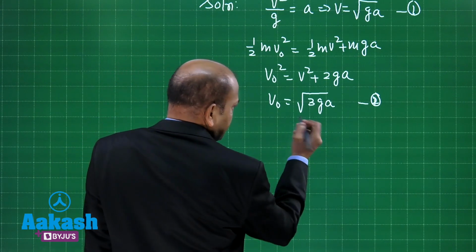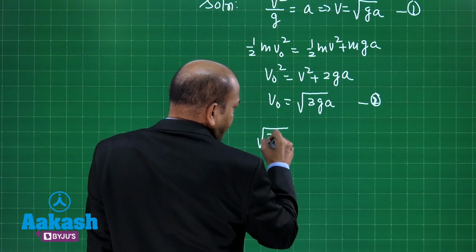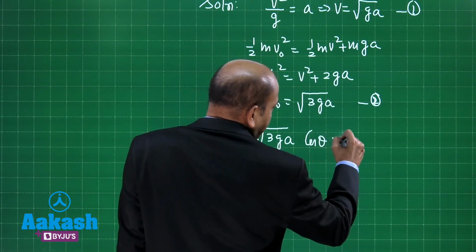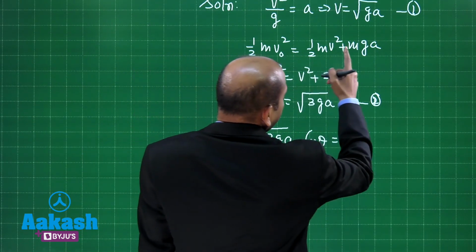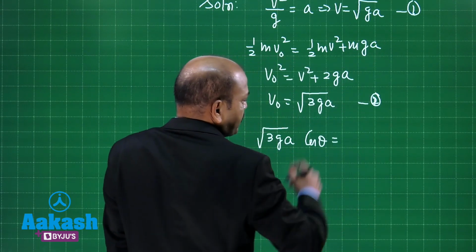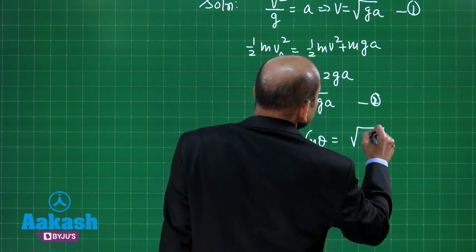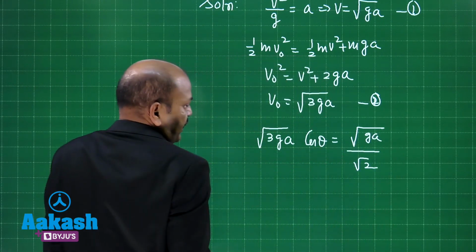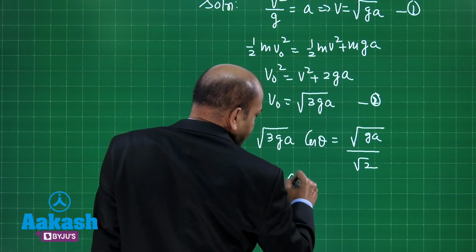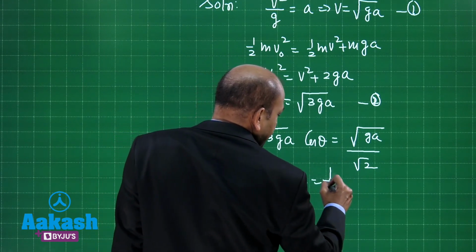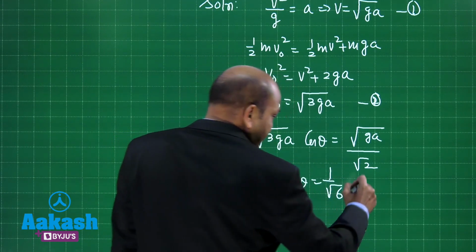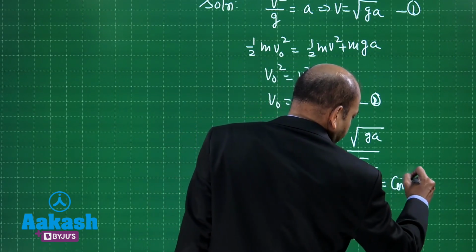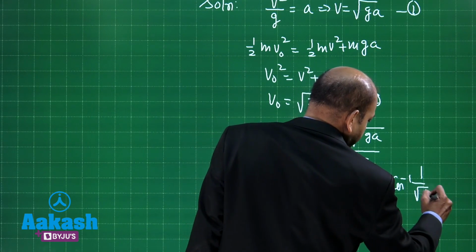So that gives us root 3ga into cos theta is equal to v into cos 45 degrees, that means it is equal to root ga by root 2, which means cos theta is coming out as 1 by root 6. So the value of theta is known. Theta is cos inverse of 1 by root 6.